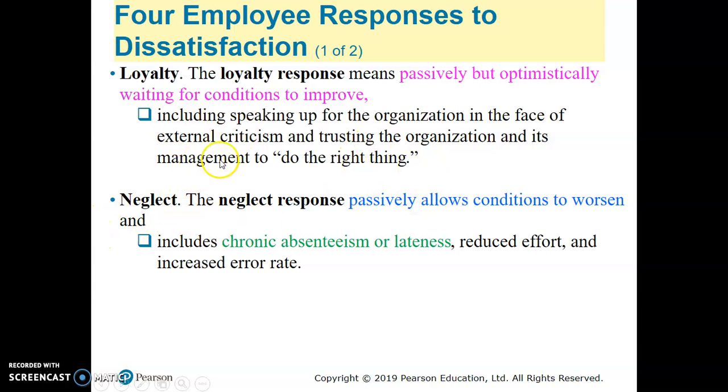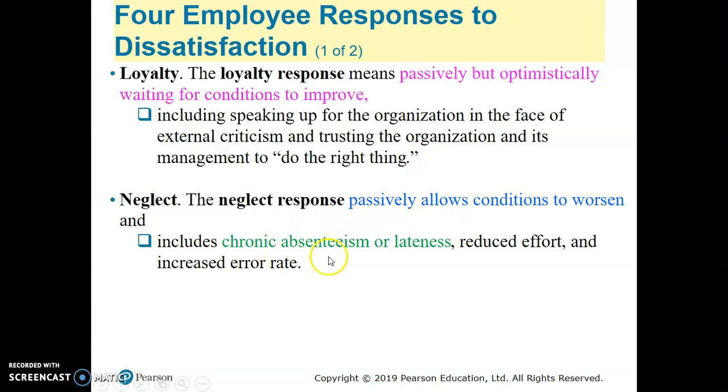Neglect instead is the opposite of this. They also do not resign. They just stay with the organization, but they just passively work. They do not try to overcome the problem.